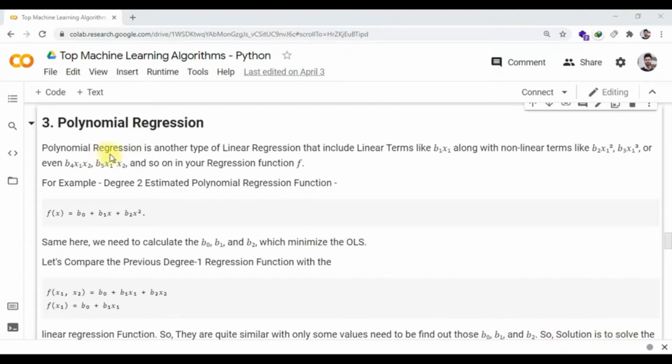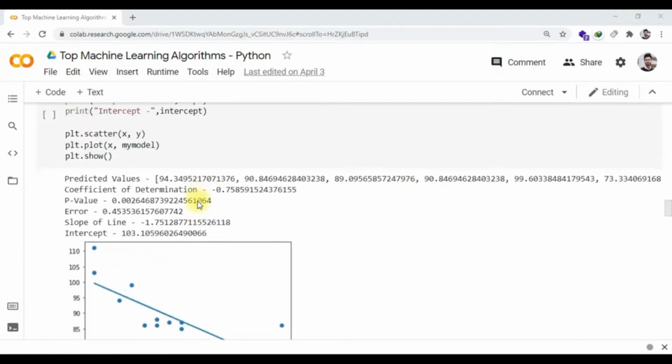It's just like you see here. Polynomial regression is another type of linear regression that includes the linear term. A linear term goes in only one straight direction, like I have shown you here.